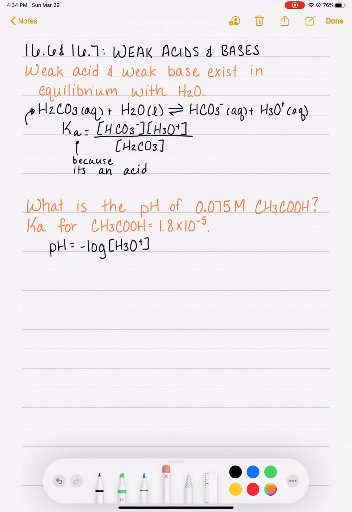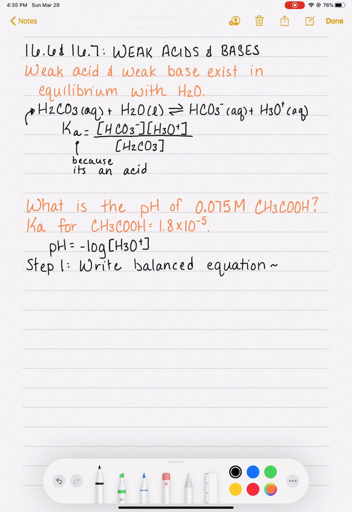So to solve this type of question, step one is going to be to write a balanced equation. This is because we're going to ultimately need an ice table for this. So we need to have a balanced equation, and we're going to have to come up with this equation on our own.